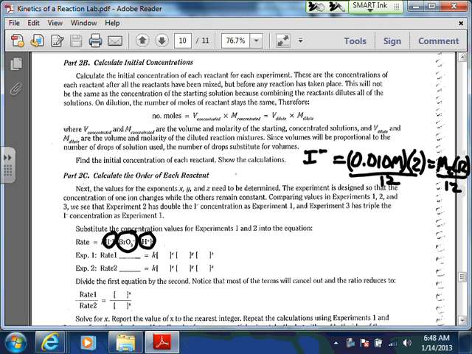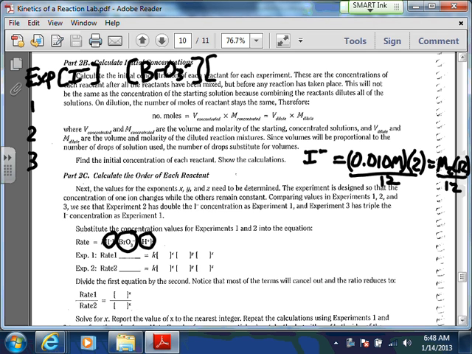So what I would do is make a chart. I'm just going to write over this thing and hopefully it's legible enough. I would make a chart with your experiment number, 1, 2, 3, all the way down. You've got your I minus concentration, your BrO3 minus concentration, and your H plus concentration.